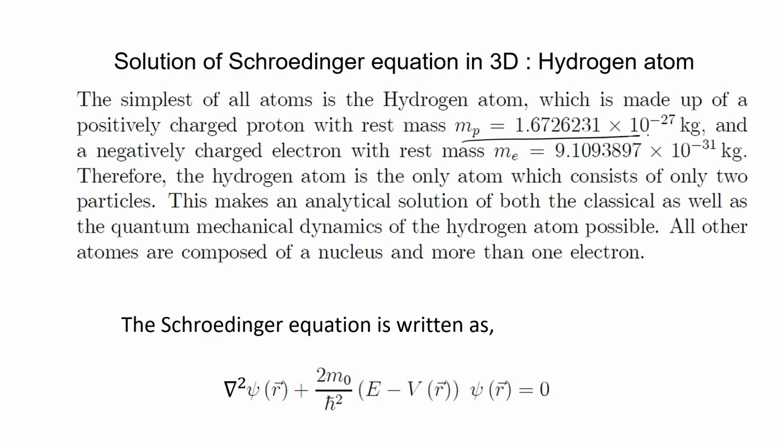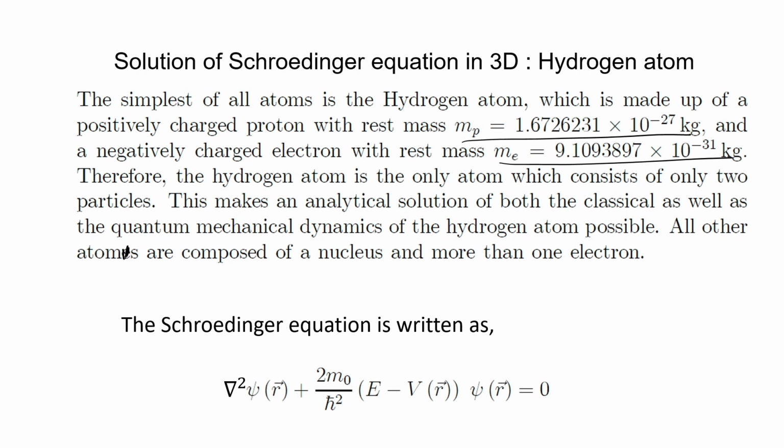It is the simplest of all atoms, made up of a positively charged proton with a rest mass equal to the proton mass, and the electron has a mass which is about 3 orders of magnitude less. It is the only atom which has just 2 particles, and this makes the analytic solution of both the classical as well as the quantum mechanical dynamics of the hydrogen atom easy and tractable.